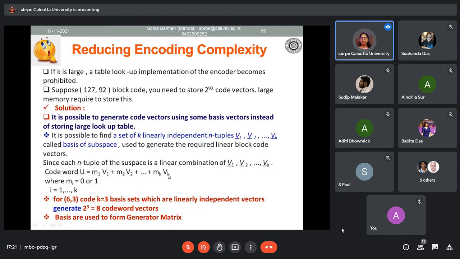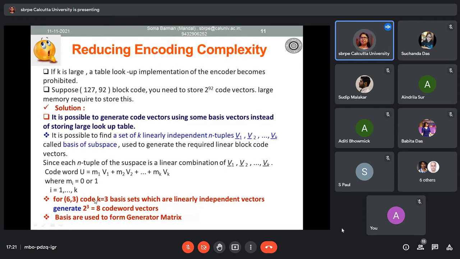If I say the message length is 3, your basis vectors will be v1, v2 and v3. v1 will be multiplied with the message bit m1, v2 with the message bit m2, and v3 with the message bit m3, and the summation of that will give a code word sequence.